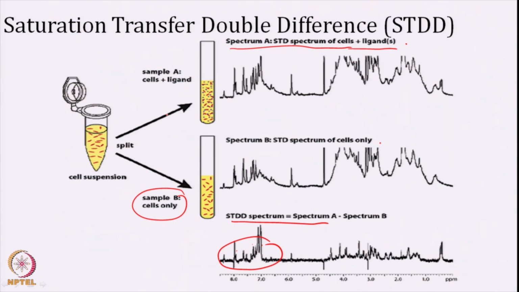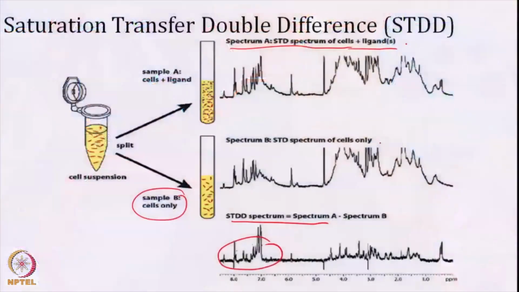Just to summarize, this is a little complex technique. Our target is a ligand for the receptor which is on the cell surface. For this we are doing an experiment called saturation transfer double difference. We are taking the whole cell suspension, dividing it into two, one only with cell, one with cell plus ligand. We are going to do two STDs, one for sample A, one for sample B. Now, these two STDs are subtracted.